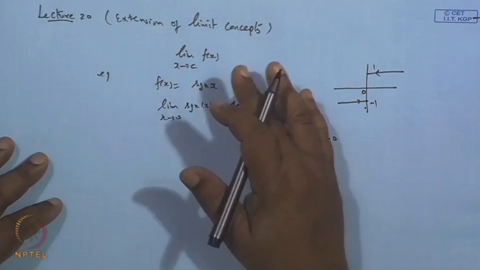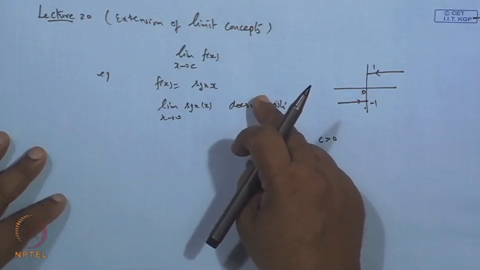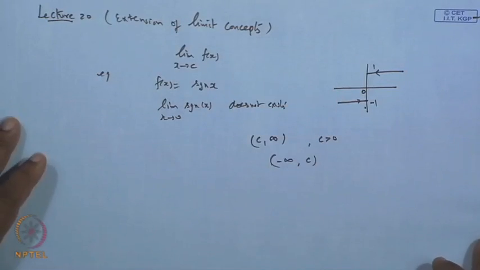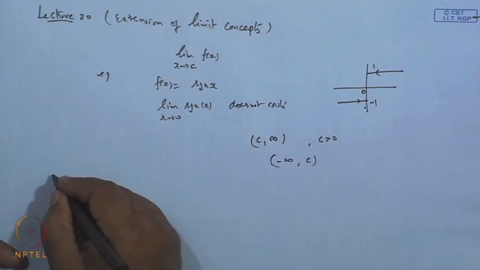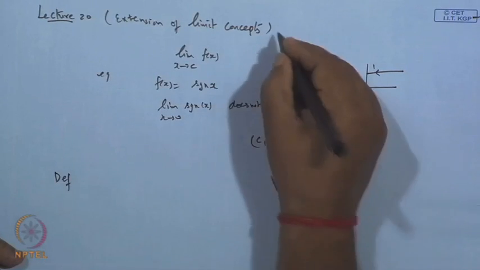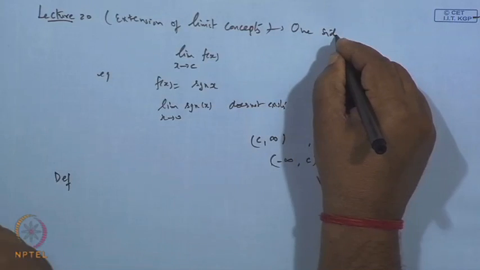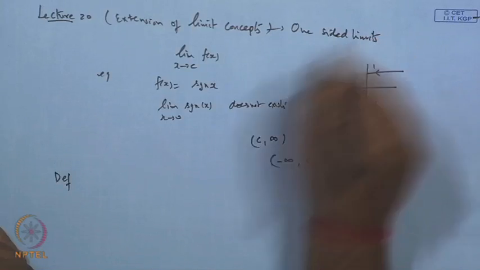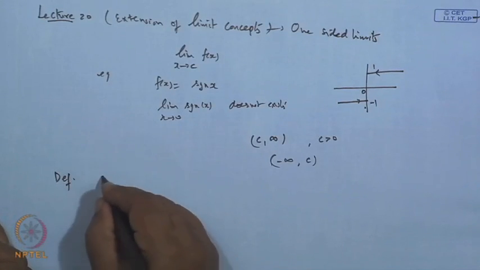Otherwise, we will introduce the concept of left hand and right hand limit, which we can say is an extension of the limit concept. That is also called one side limits. Okay.